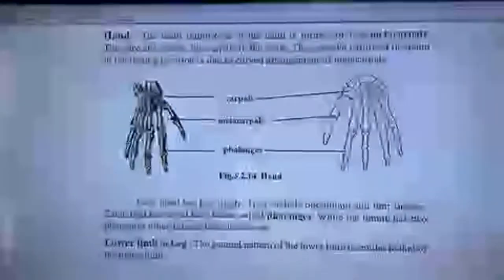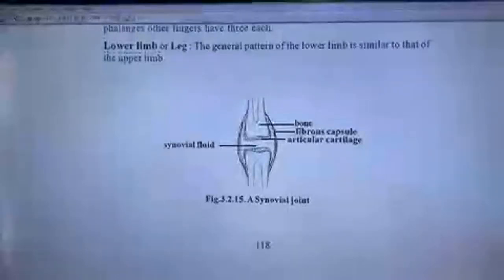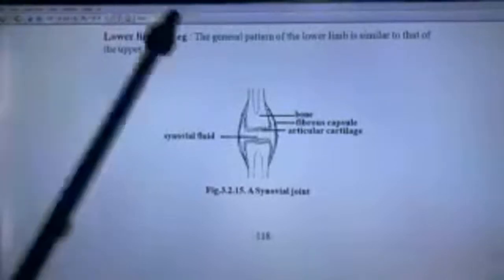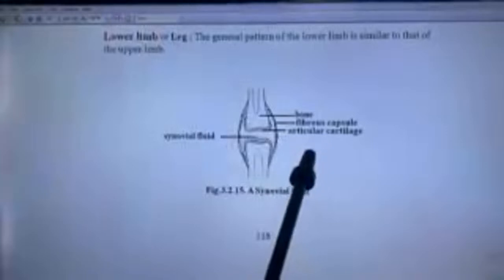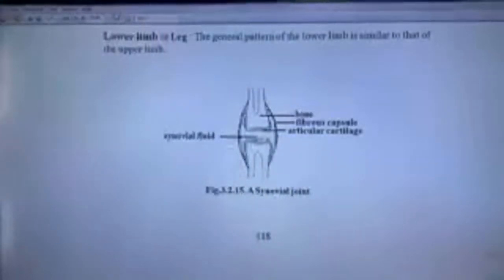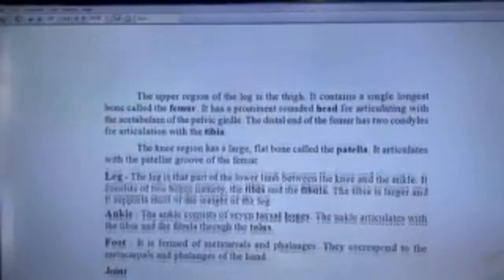Lower limb or leg. The general pattern of the lower limb is similar to that of the upper limb. The upper region of the leg is the thigh.